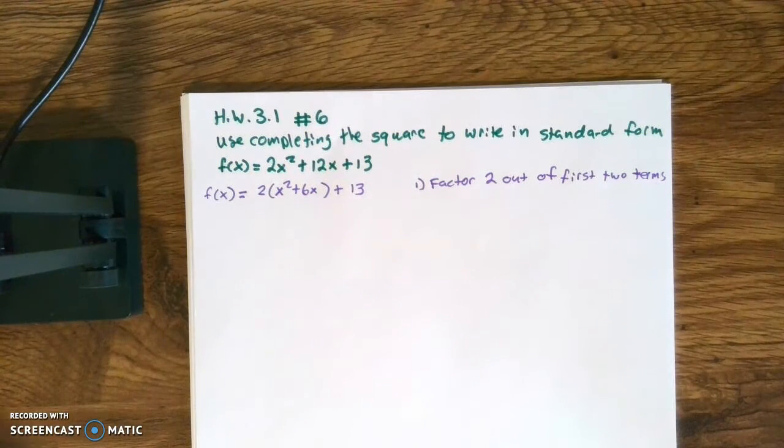Okay, so factored out that 2. And then the next thing they did was complete the square in the parentheses.